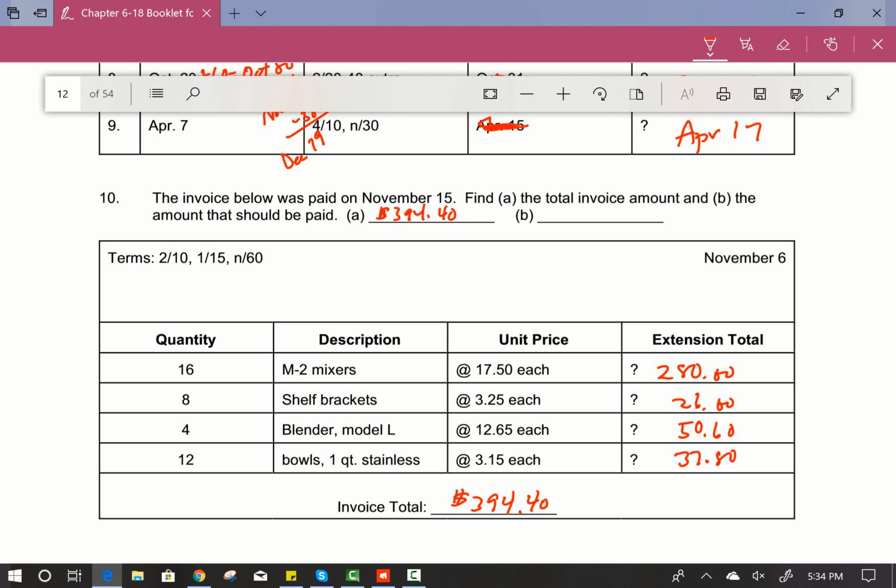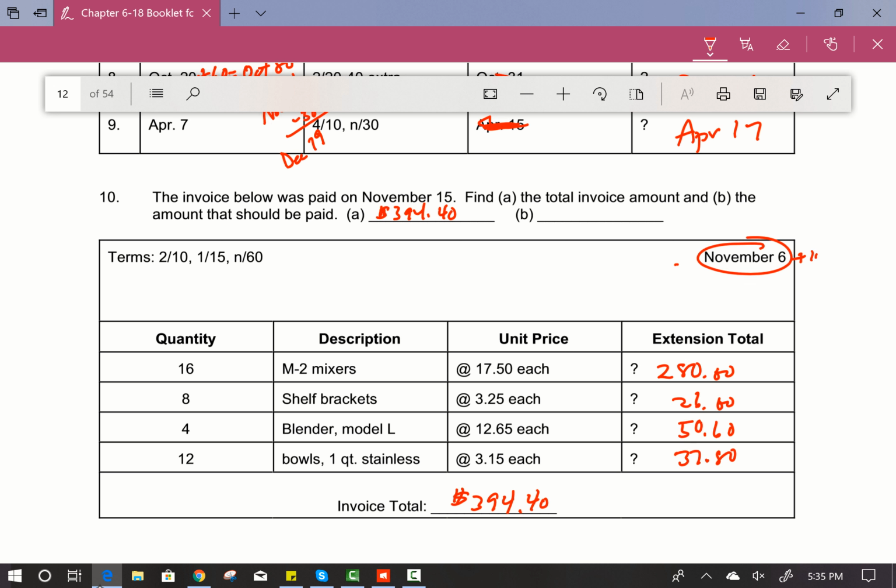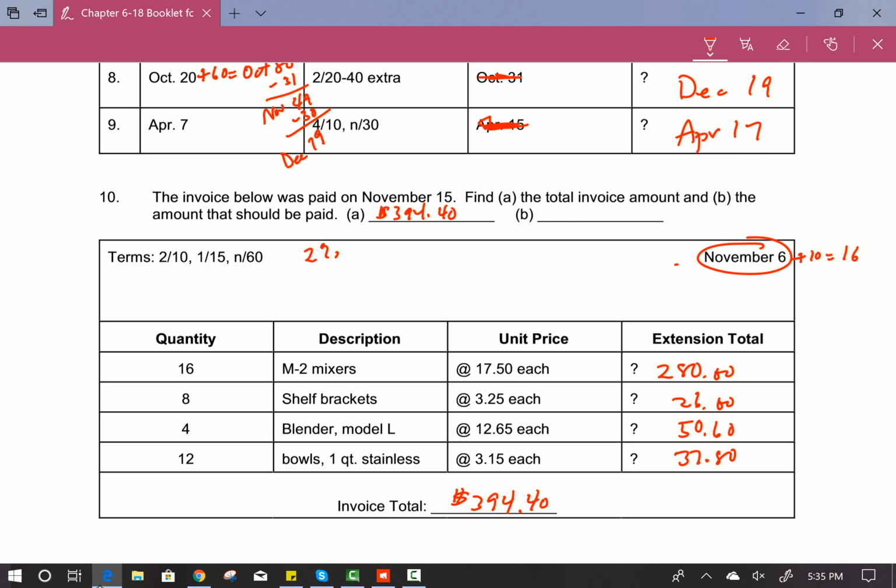The date of the invoice is November the 6th. So if we have November the 6th plus 10 days, that equals November the 16th. So we get a 2% discount if we make the payment by November the 16th.